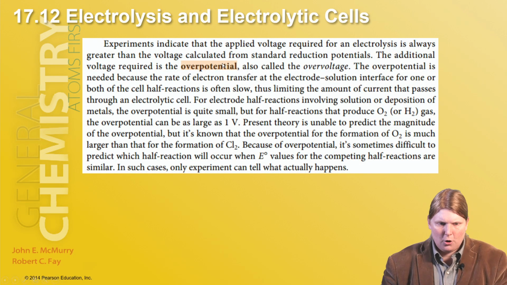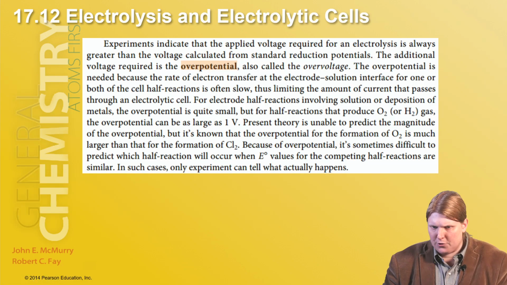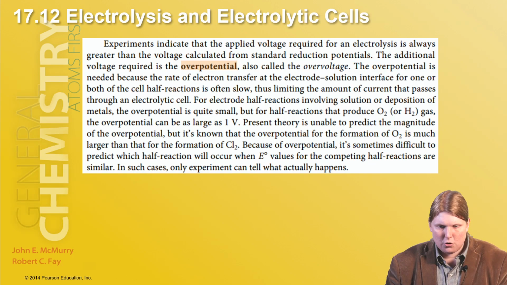So they talk here about overpotential. The applied voltage required for an electrolysis is always greater than that calculated. We talked a little bit about that before, how you've got to overcome it, you've got to make it positive, not just zero. The overpotential is needed because the rate of electron transfer at the electrode solution interface can be slow, limiting the amount of current. For electrode half reactions involving solutions or depositions of metals, overpotential can be small, but for ones that produce gases, it can be very high.